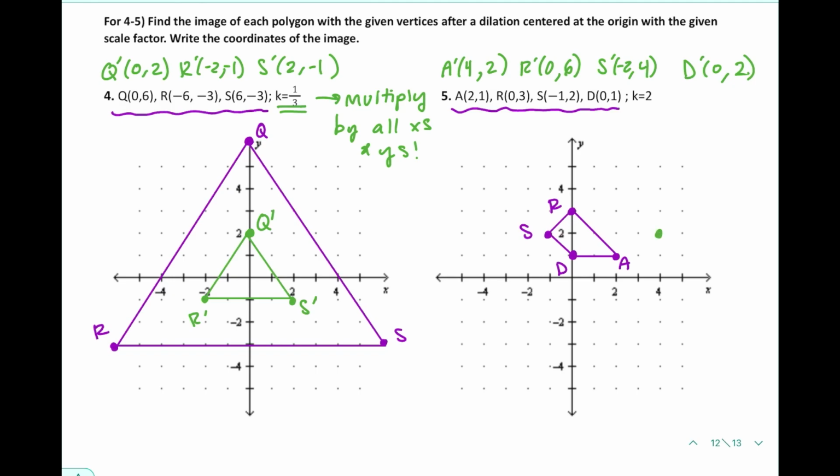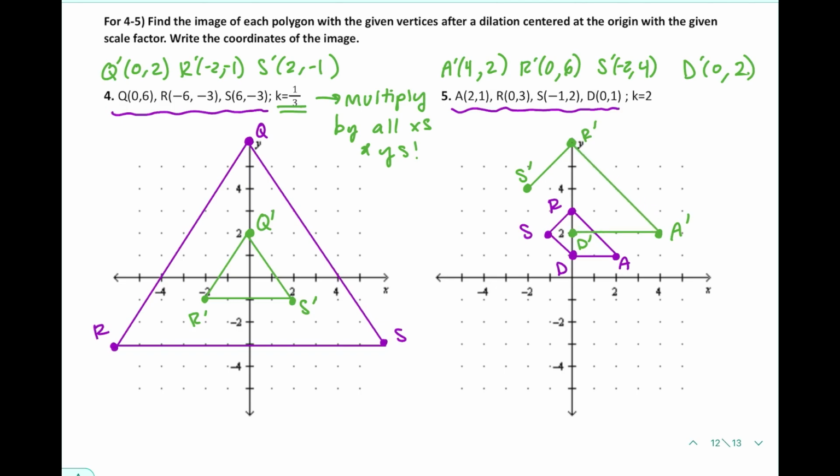Then I can go through, graph those, make sure they end up in the right spot with the correct labels. And connect.